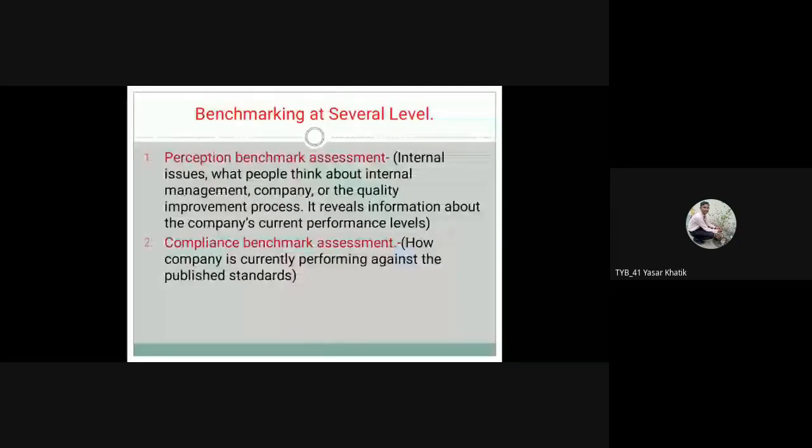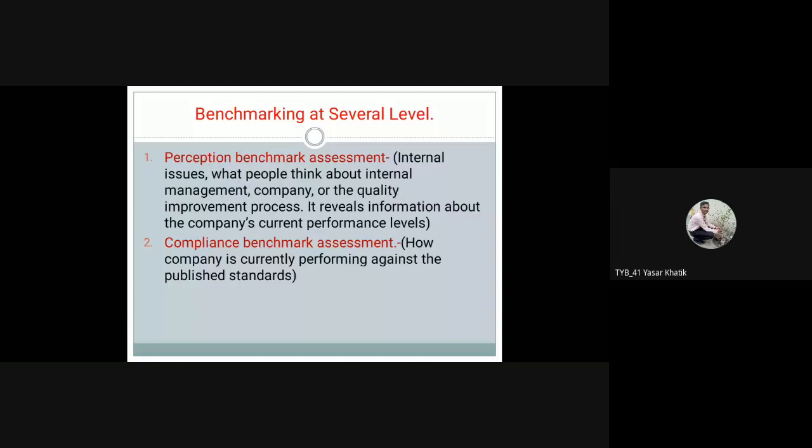So first is the perception benchmarking assessment. Okay. So there is an internal issue, what people think about internal management. Means the first type of the level, that is perception. Like this, these are some internal issues that employees having some different thoughts regarding their organization, and what people think about the internal management.